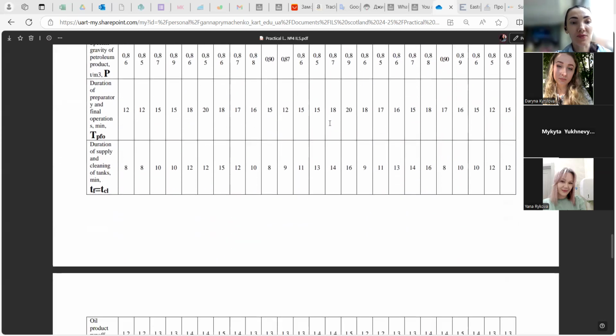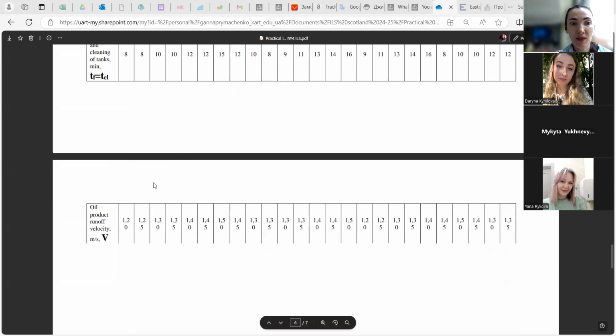Such parameters as V we can find here, from first to second variant. For the first variant, V, the oil product run-off velocity, is 1.20. For the second variant, it is 1.25. The others you can find, please. Write these parameters in our denominator.